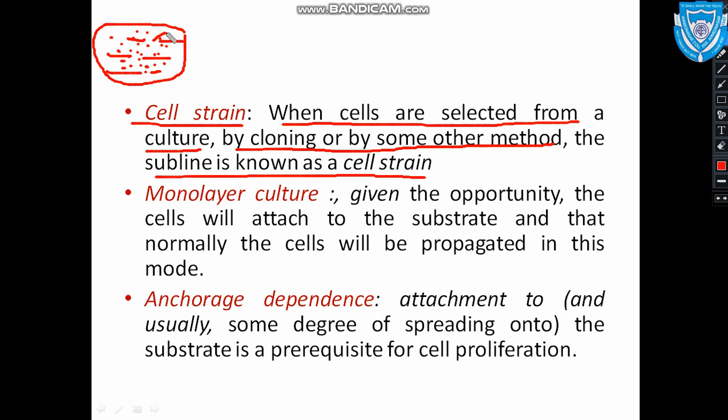If we take out a single cell, a specific cell that we know is producing a particular kind of secretion, we extract it and culture it in another flask.